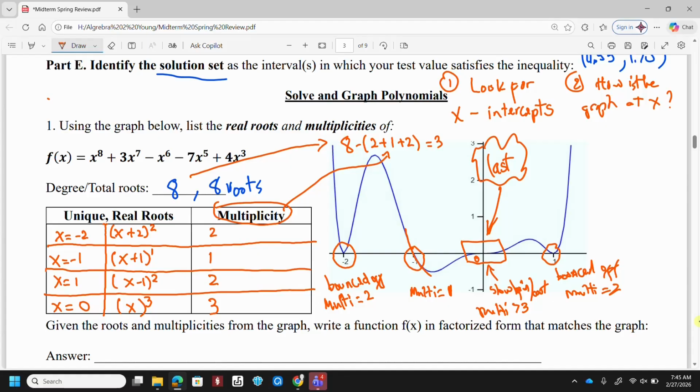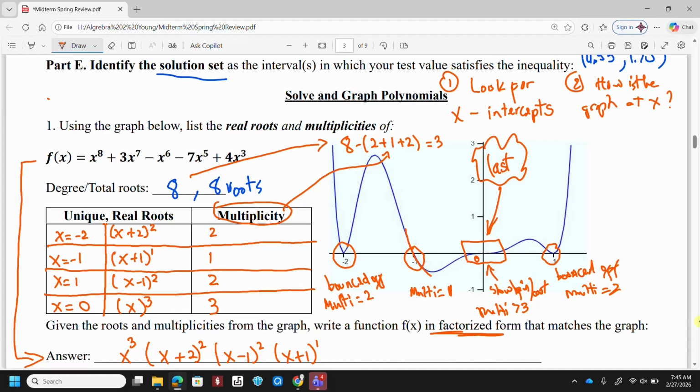To rewrite the whole thing in factored form, let's start with the biggest degree: x cubed, x plus 2 squared, x minus 1 squared, x plus 1. You can write the 1 or you don't have to. So that's the answer. Now, if you graph this and the original graph, they look different, right?